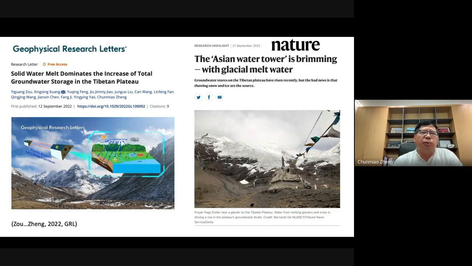This work was published in Geophysical Research Letters, and then picked up by Nature as a research highlight with an interesting title saying that the Asian water tower is brimming with water, with glacial meltwater. But it is coming from the slow melt. So this is tricky. How long can this last? Because eventually the permafrost, snow, and glaciers might disappear as climate warming continues.